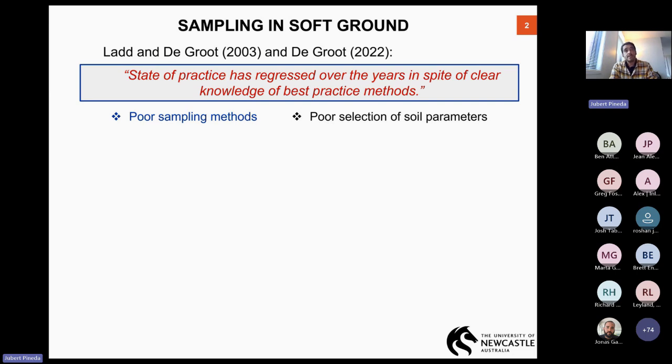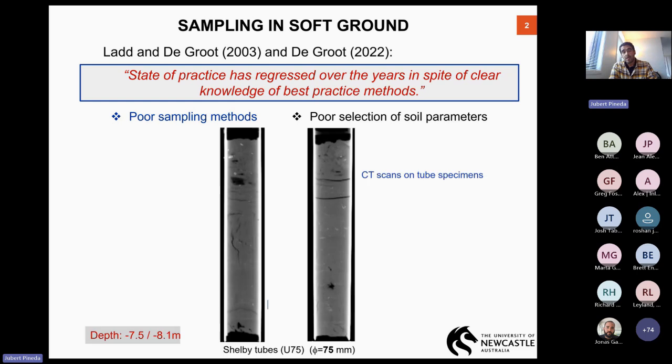So why is this happening in practice and also in academia? One clear example is the CT scans that you can see at the bottom of my slide. These are CT scans that we have done on Shelby tubes, acknowledging the fact that Shelby samplers are the most common samplers used in Australia and in many countries worldwide.